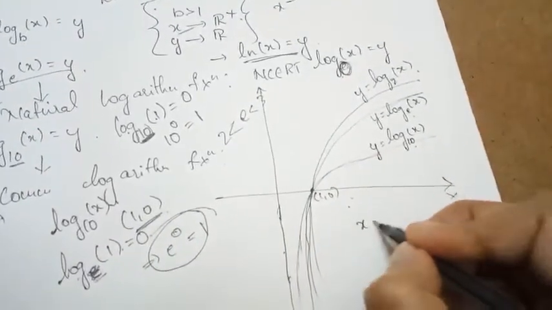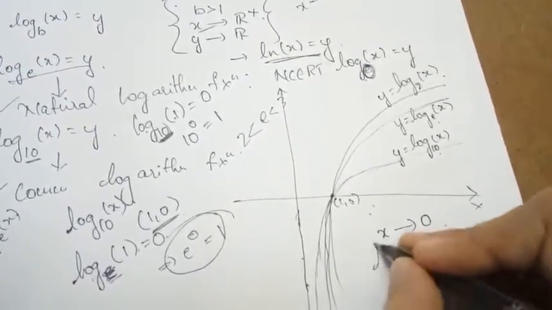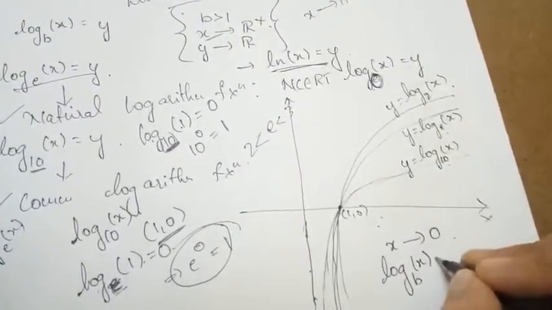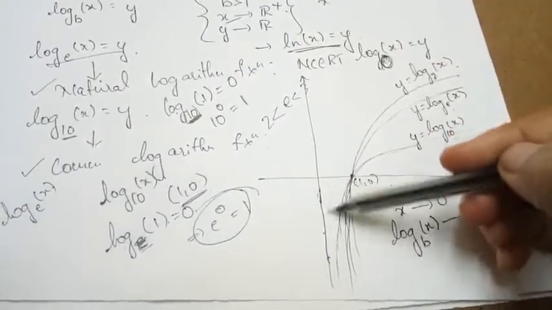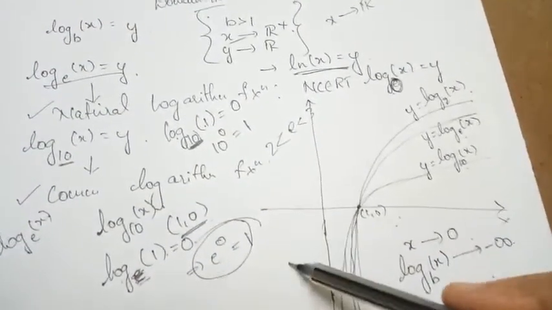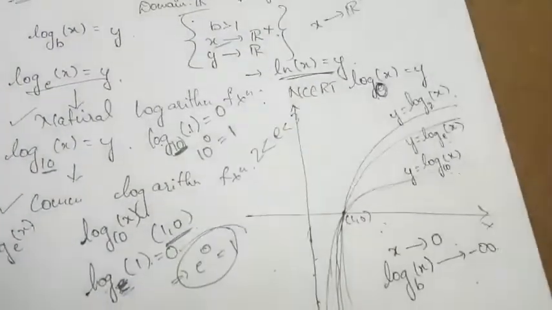So it is clear that as x approaches 0, log b of x approaches minus infinity, but it neither touches nor crosses the y-axis.